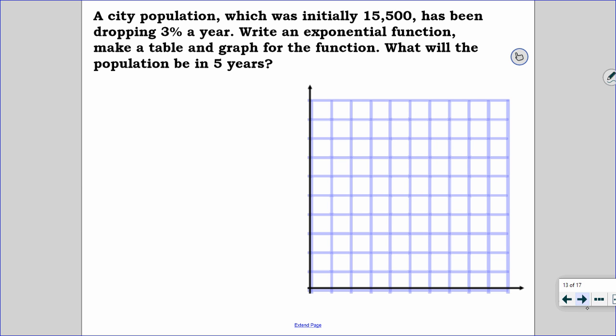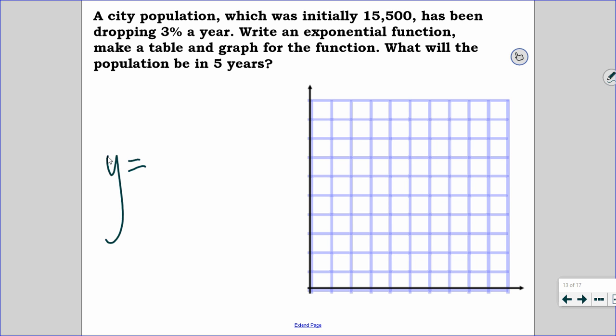That's your A. Then it's another decrease, so that's why it's going to be a minus. Again, round to the whole person.